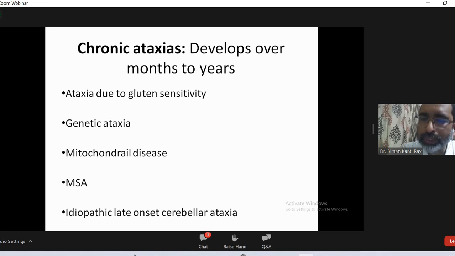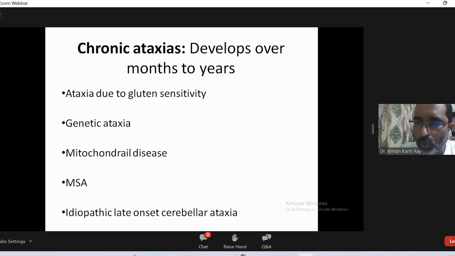The possibilities that we always consider, one is degenerative, particularly multiple system atrophy. Next, it may be a case of paraneoplastic cerebellopathy. Third, it may be ataxia due to gluten sensitivity. And rarely, it can be idiopathic late onset cerebellar ataxia.